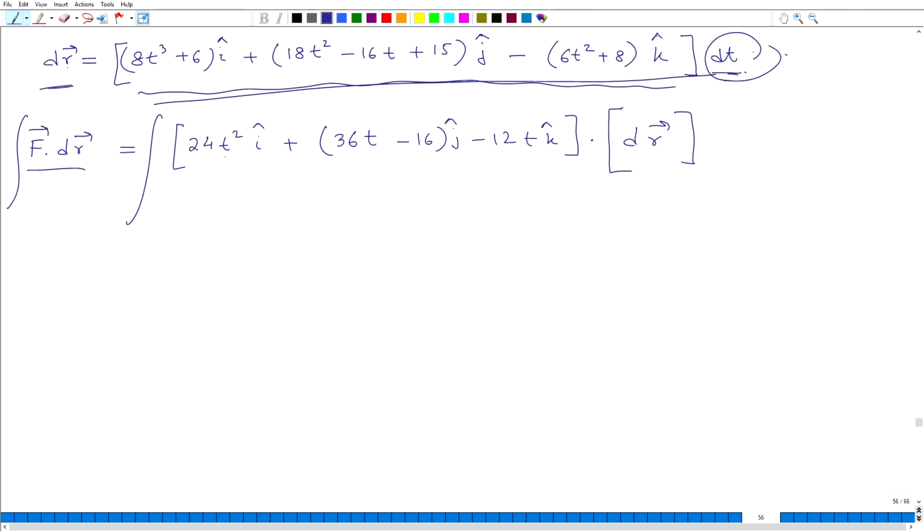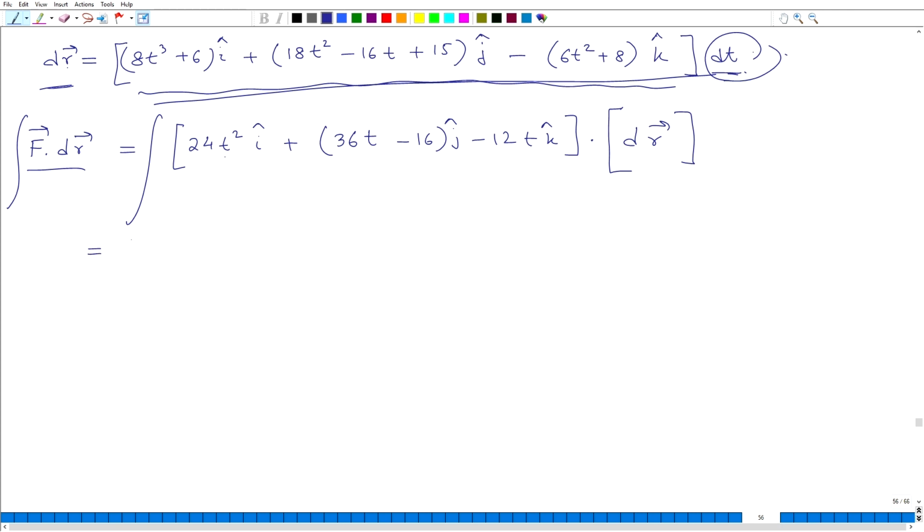Okay. Now if you do the integration over t, I would like to know the amount of work done to move a particle between the time instant t equal to 1 to t equal to 2. If I say that, then finally you can give me a value for that work done.